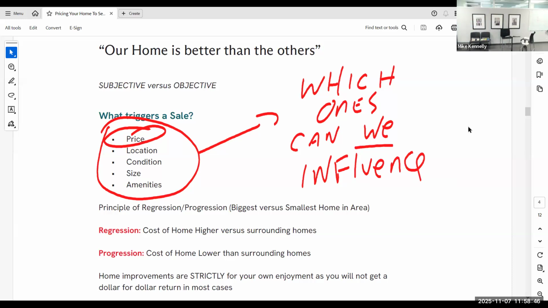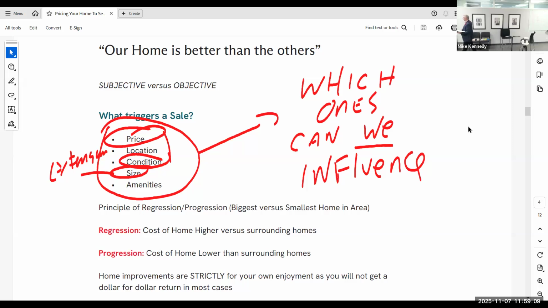I can only do that and condition. Those 2. The other 3 are fixed. Unless you want to do a renovation, an extension of your house. I'm sure you're not prepared to do that, nor do you want to do that, to make your house bigger by doing an extension.